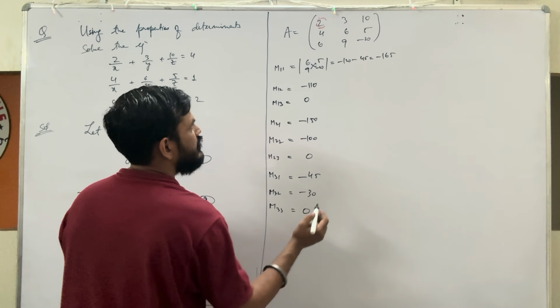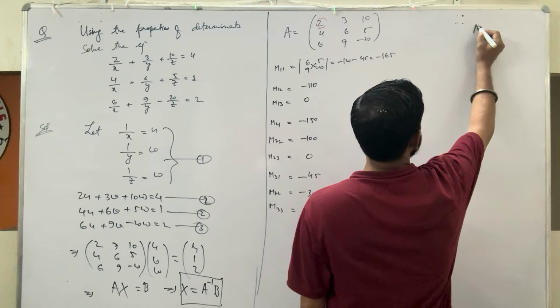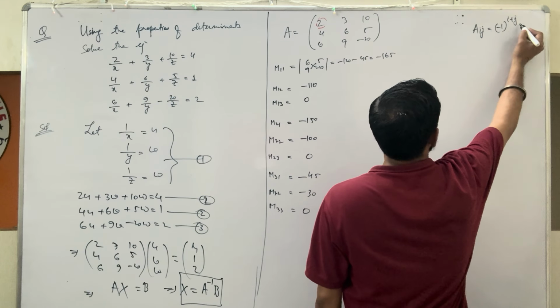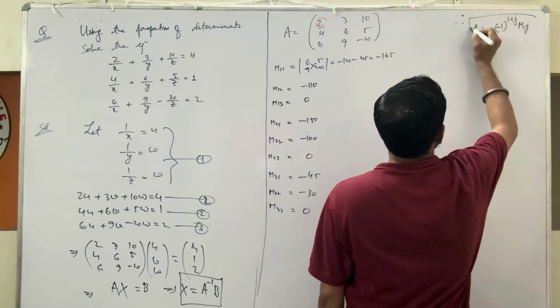Now we know the cofactors: Aij is equal to minus 1 to the power i plus j times mij.